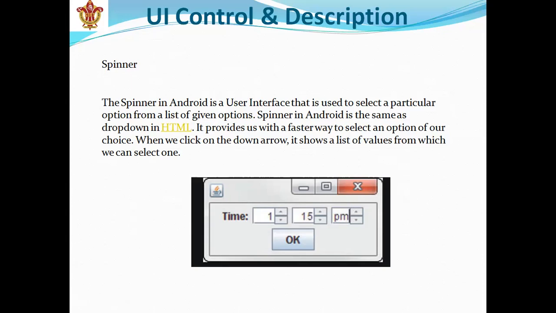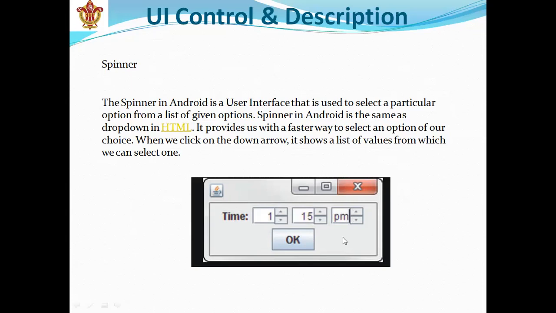So a spinner is basically a roller, which can show the time, which can show the options. So many things we can do with spinners.